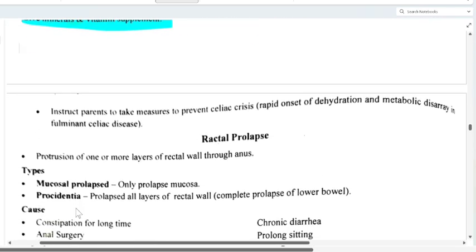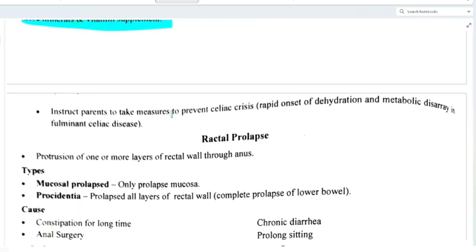Then instruct parents to take measures to prevent celiac crisis, rapid onset of dehydration and metabolic disarray in fulminant celiac disease. So we will instruct the parents to take measures to prevent celiac crisis. What is that?